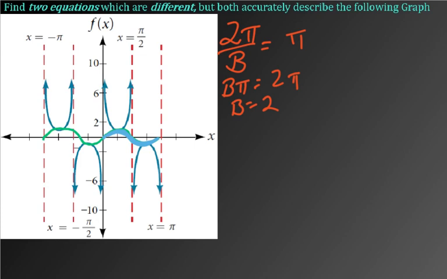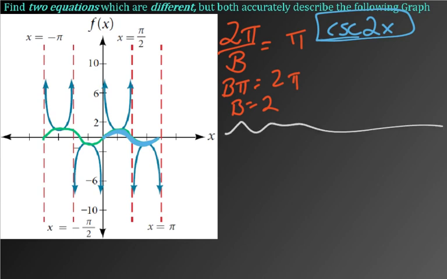So one function that could do this, because it's built off of a sine of 2x, is not sine 2x, but of course the reciprocal function, cosecant 2x. That is going to be one of my answers. That could be an equation for this thing right here.